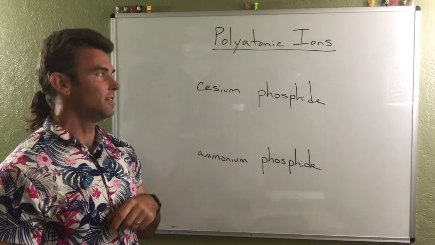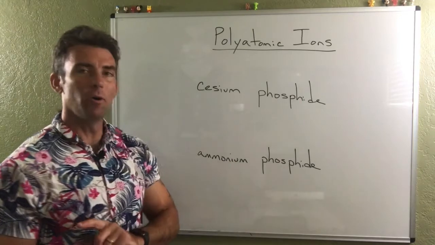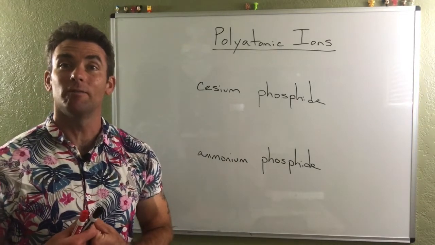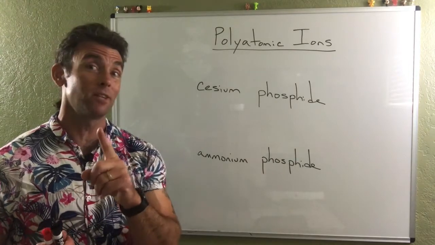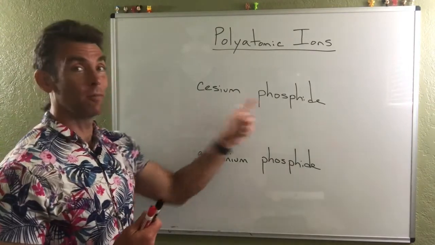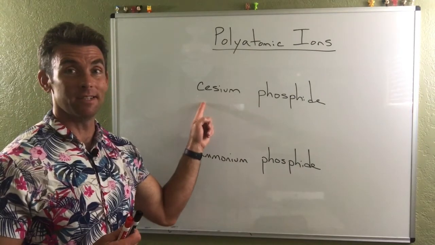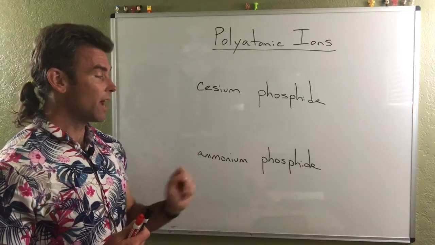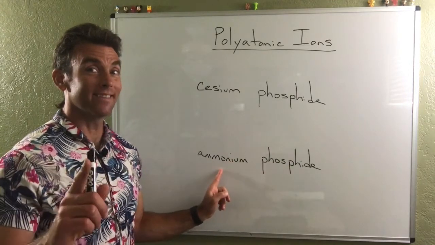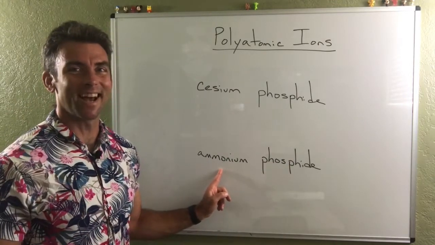One is cesium phosphide, one is ammonium phosphide. We're going to apply the rules that we know for figuring out the formula for an ionic compound because we know they're both ionic compounds. We ask, is there a metal present? And we say yes, cesium is a metal. We ask again, is there a metal present? And we say no, but wait, there's an ammonium, so therefore it's ionic as well.